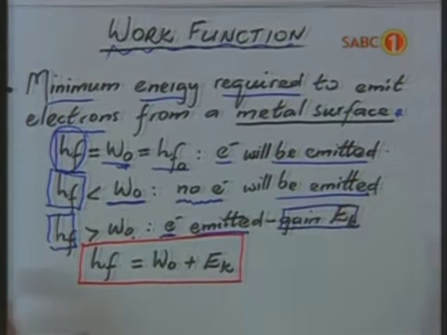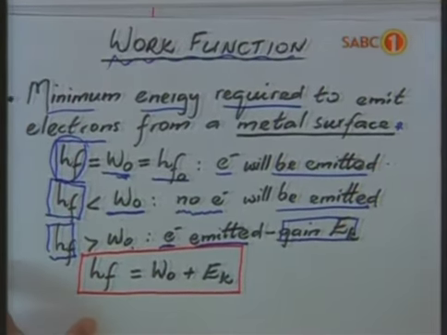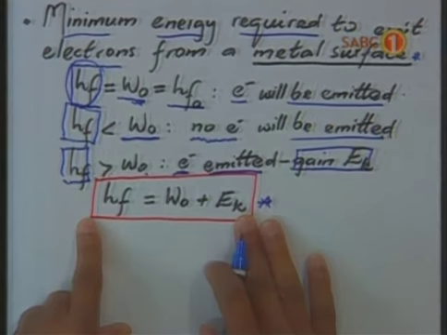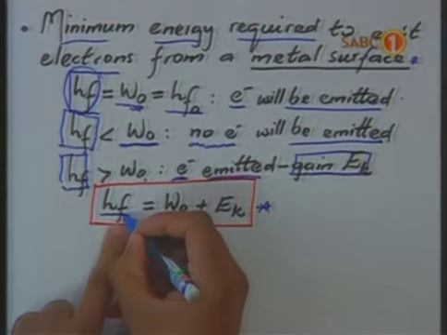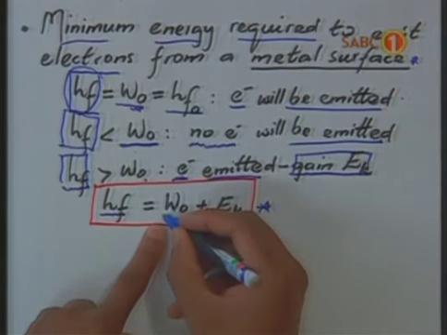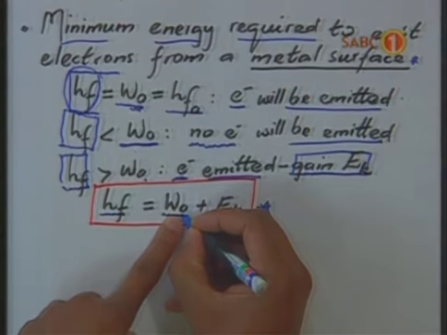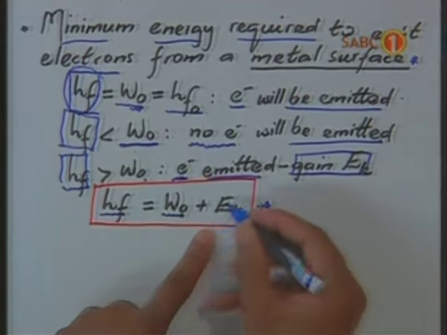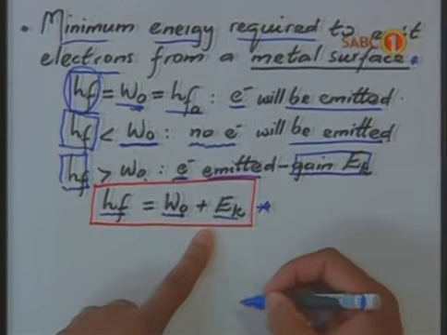In other words, it will cause that electron to move, to gain speed. Therefore, we can sum up what we're saying through this equation: the energy contained by a photon with energy greater than the work function will be equal to the work function, the energy needed to overcome the work function of the metal, plus the remaining energy, which gives that electron some kinetic energy. Remember, kinetic energy is the energy of motion, getting the electrons to move.